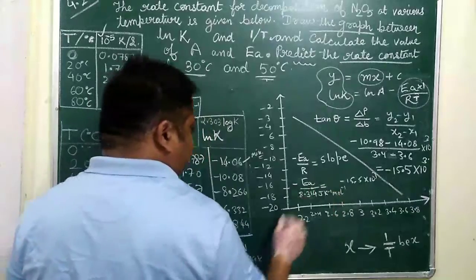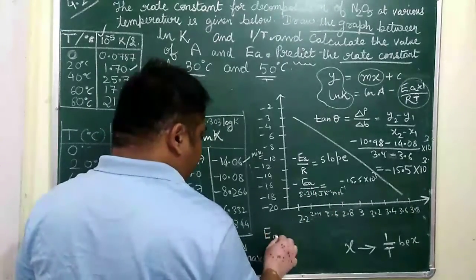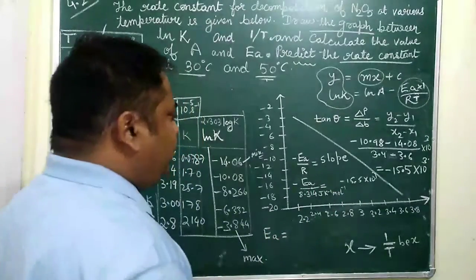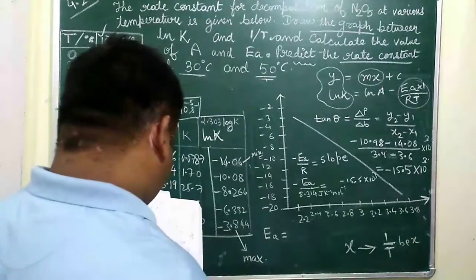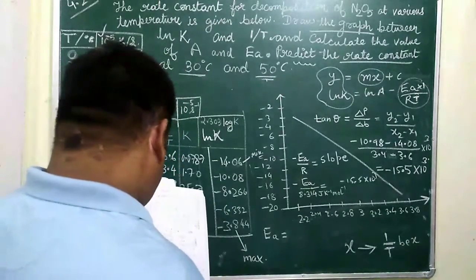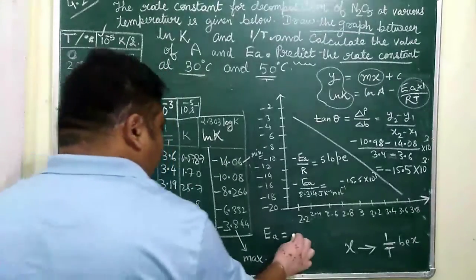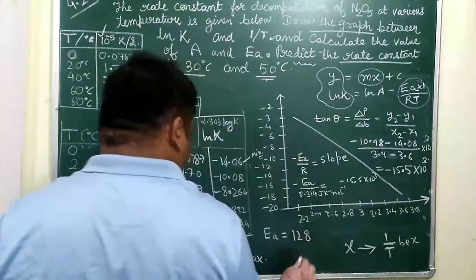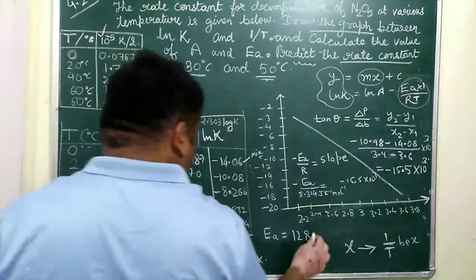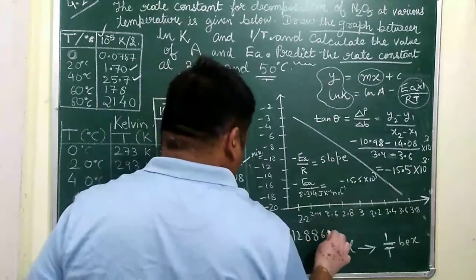If you calculate this, then the Ea value will come out to be 128,860 joule.